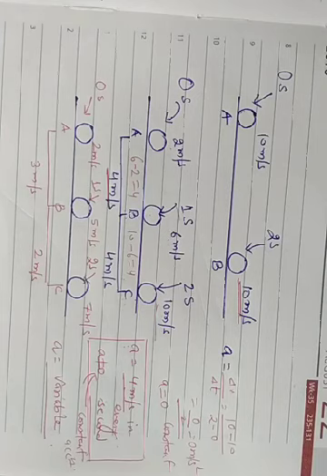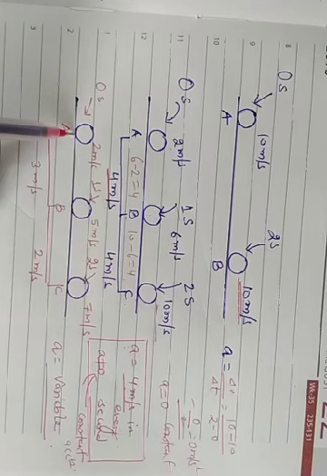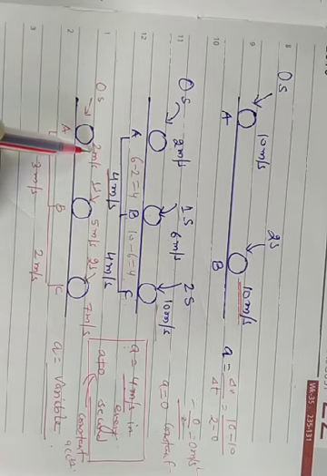Okay, alright students, now look at this third case. The position of the body is A at 0 second, containing 2 meter per second velocity.